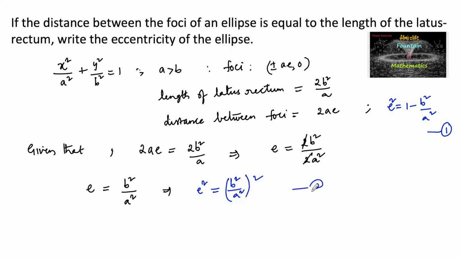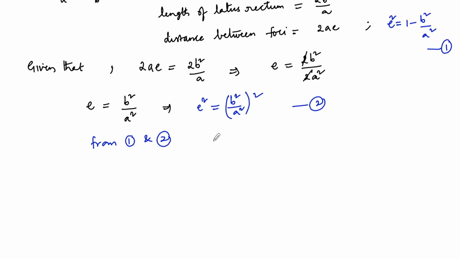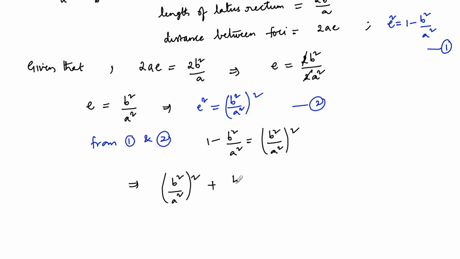So from 1 and 2, we can write 1 minus b square by a square is equal to b square by a square whole square. That is, b square by a square whole square plus b square by a square minus 1 equals 0.